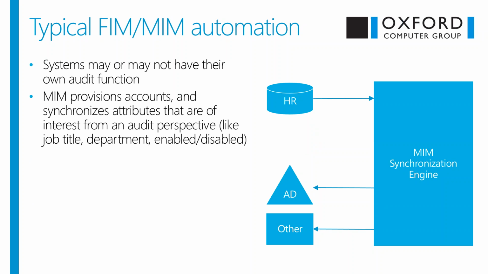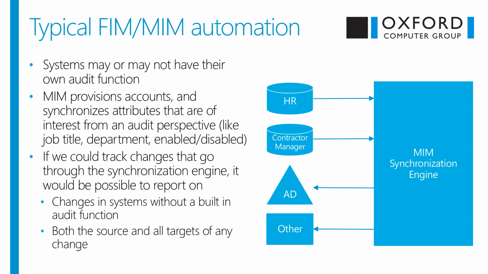So let's go in a slightly different direction. Let's imagine we've got some other system, just to put something in that gap, some kind of temporary staff management system, something incidentally I'll be talking about in half an hour. If we could track changes that go through the synchronization engine, that would give us a lot of very useful information. We could report on changes in systems that don't have a built-in audit function, and we would also be able to track changes both in the source and the targets of any changes.